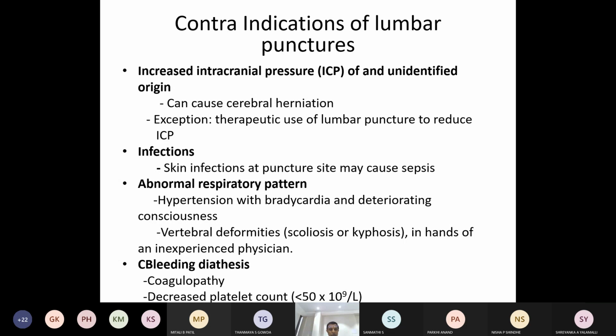These are the important limitations, the contraindications.